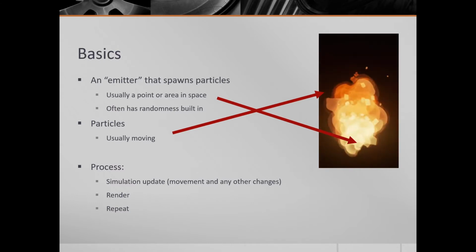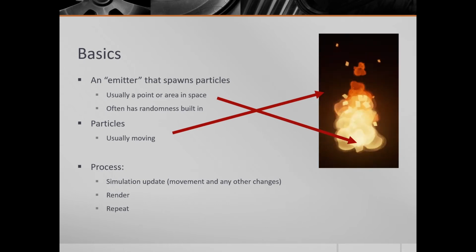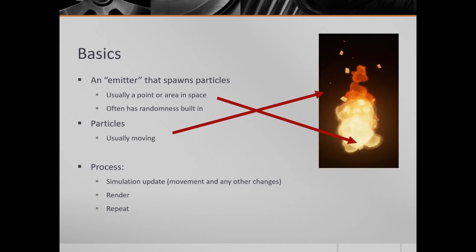So you might need some parameters for how the emitter is changing and how it's changing the spawning process of particles. And then the particles themselves are usually moving and they may also, or almost certainly, will be changing over time. So the process that is gone through for a particle system is that it does a simulation update.